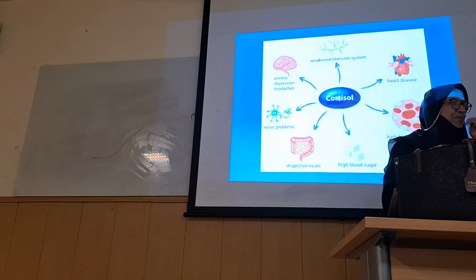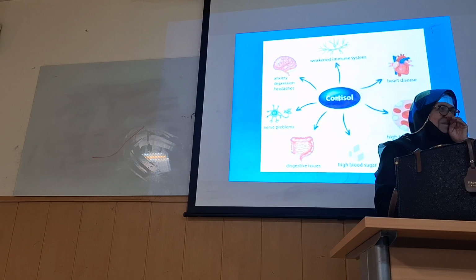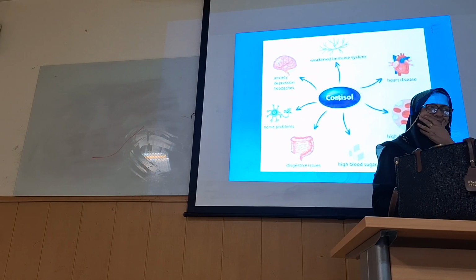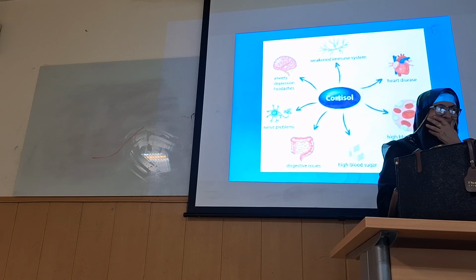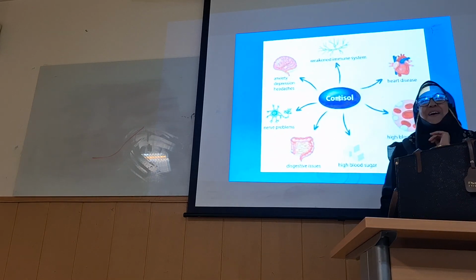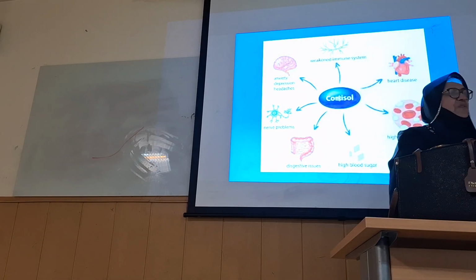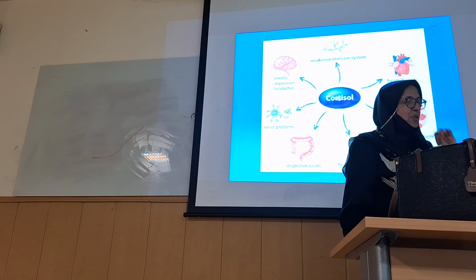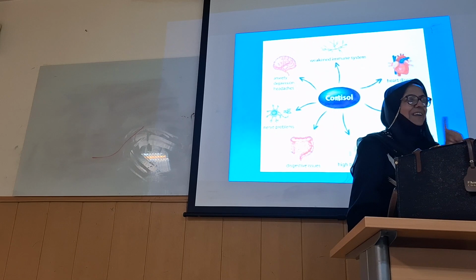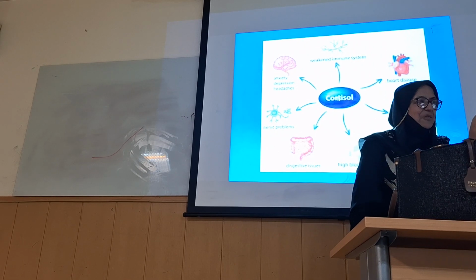Question: if someone sleeps in the morning and wakes up at 12 noon, will his cortisol level be high at 12? Does it depend on sleep or daylight? Cortisol in our body is released at 7 to 8 o'clock.